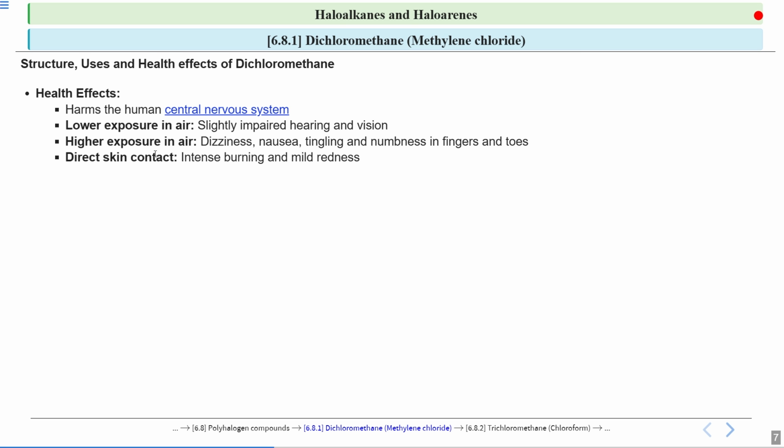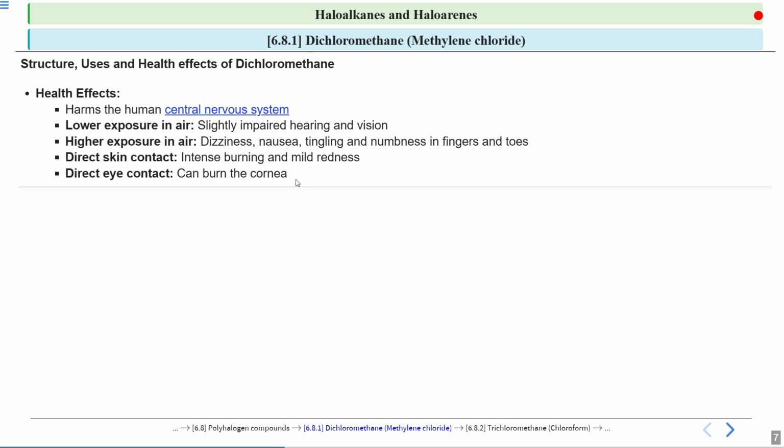Now, if dichloromethane comes in direct skin contact, it can cause intense burning and mild redness over your skin. This is very harmful, and if it comes in direct eye contact, it can even burn the cornea.